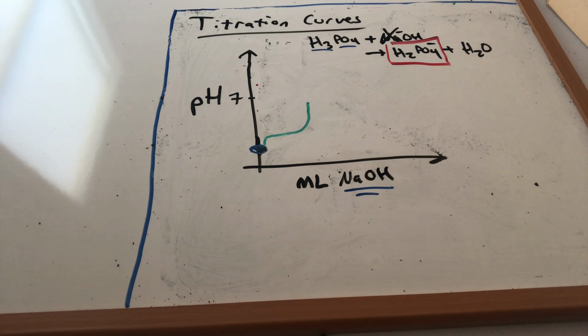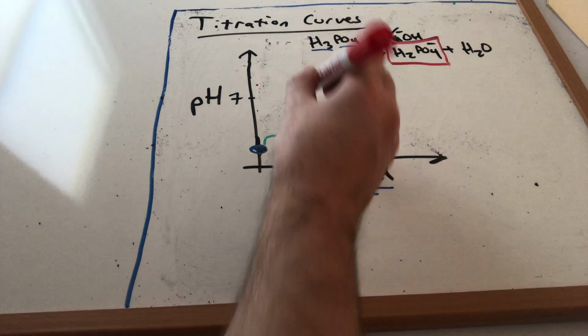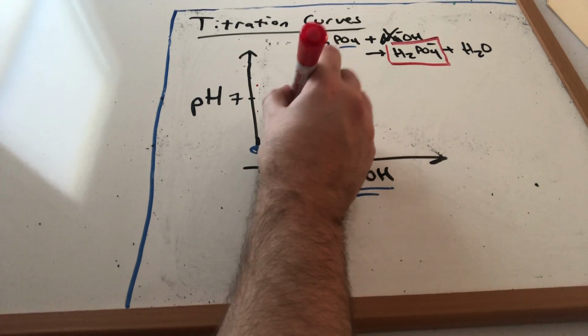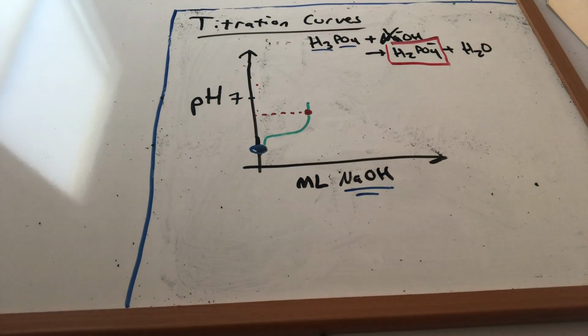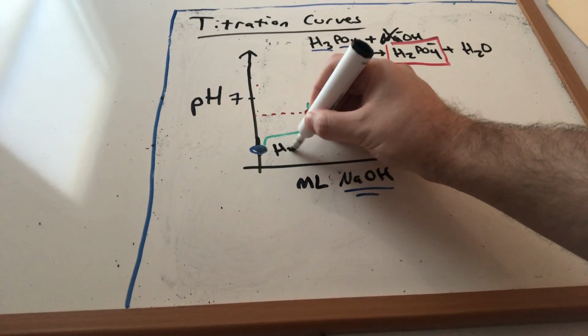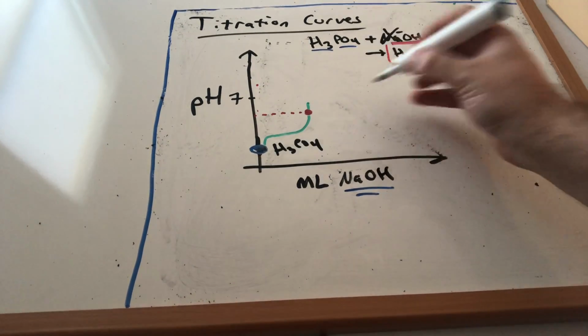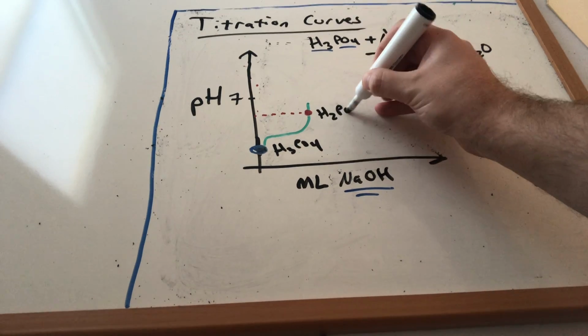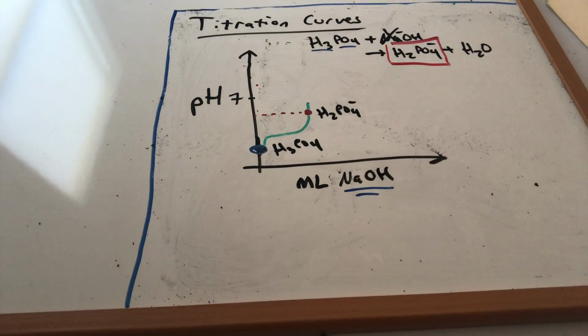We found out about that species that it acts like an acid. Its Ka was bigger than its Kb. So this endpoint is going to be here, right? At this point we started with pure H3PO4, and right here we've made H2PO4 minus. Now why am I leaving more space here?